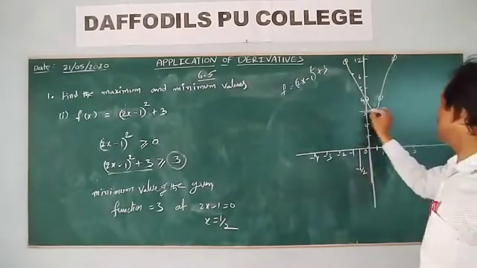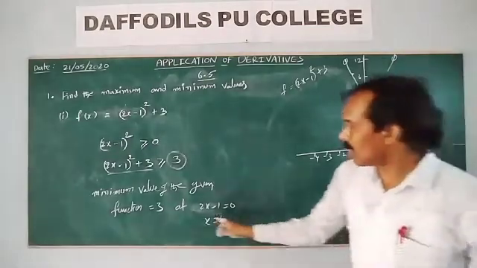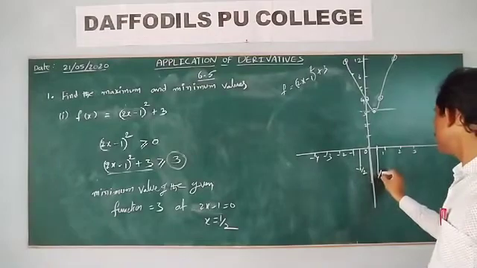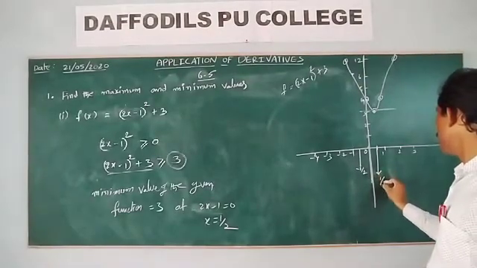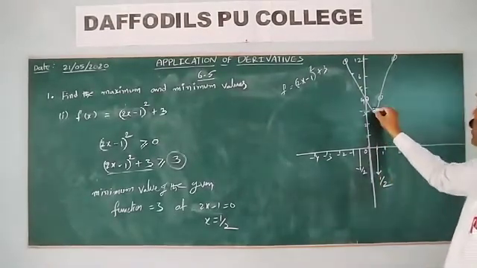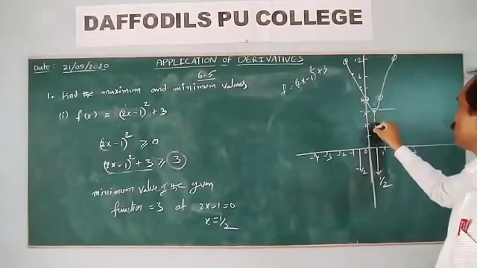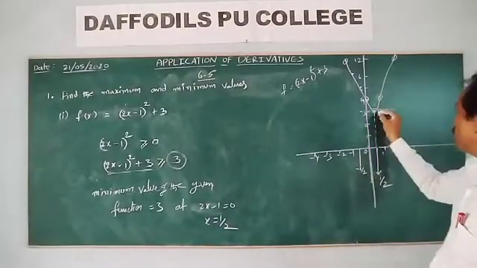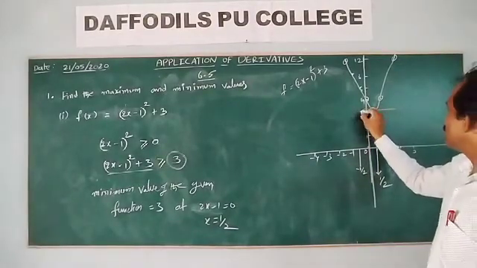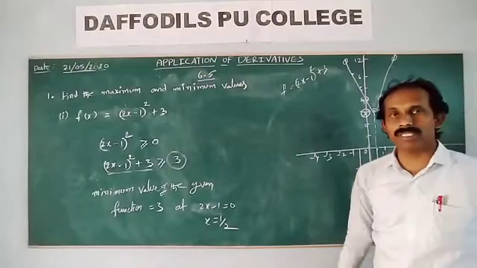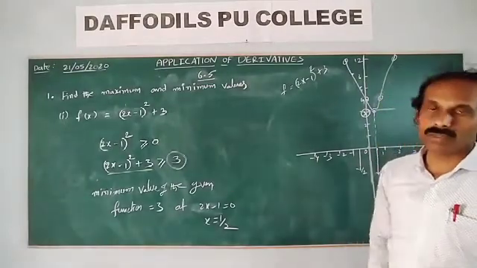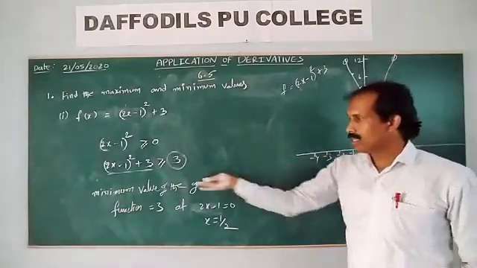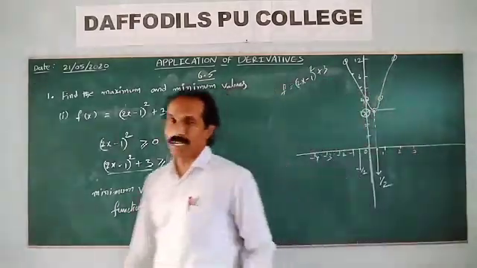At x is equal to 1 by 2, the function has its minimum value. What is the minimum value? 3. 3 is the minimum value. Like these problems, we are not really using the graph, it is just for understanding. So you can find it by this method or the derivative method.